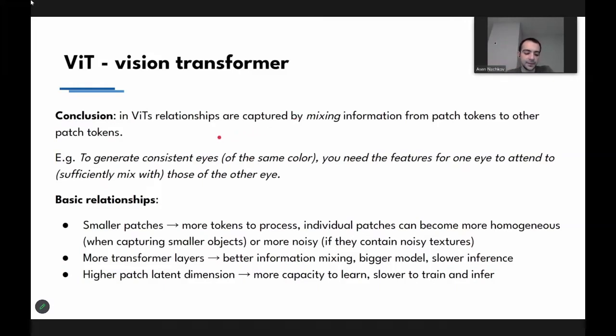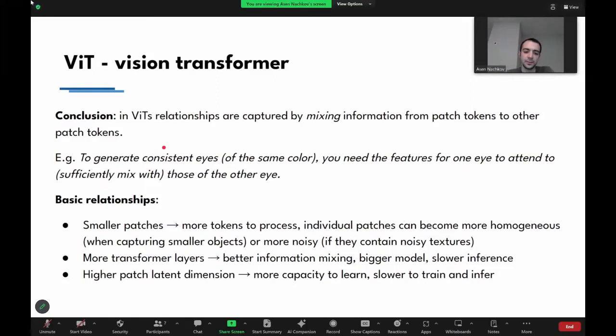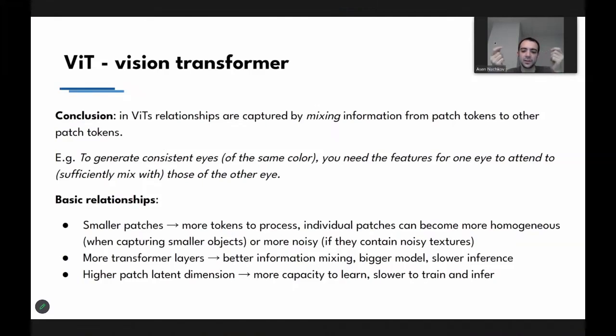And this is very important when it comes to image generation, because if you want to generate an image of the face of a person, obviously you want to have the eyes of the person be of consistent color. They want to be of the same color. So in this case, you want the visual features for one of the eyes to attend and to sufficiently mix with the visual features of the other eye.